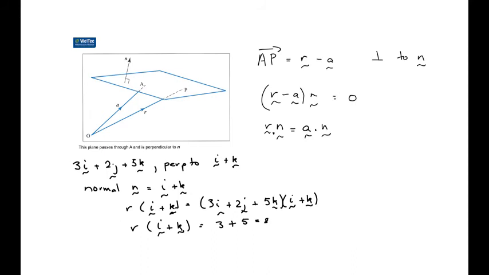So what we've now got is that xi plus yj plus zk times i plus k equals 8, and if we multiply that out, we get that x plus z equals 8, which is the vector equation of the plane that passes through the point with the position vector there and perpendicular to i plus k.